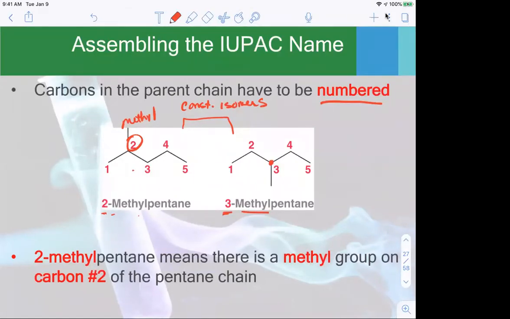So this compound is 2-methylpentane. This compound is 3-methylpentane. Just by naming them, notice I can tell that they're constitutional isomers because they have the same number of carbons total. They have the same formula, which is going to be C6H14, but they do have different connectivities.